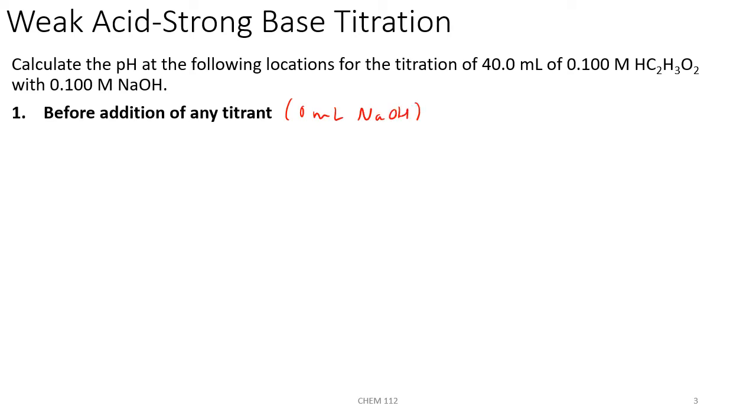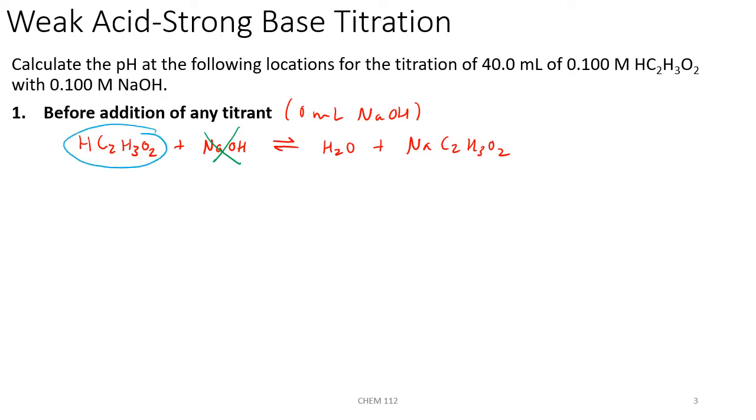Our overall equation throughout the problem is going to be acetic acid reacting with sodium hydroxide to form water and sodium acetate. At this point, we haven't added any sodium hydroxide, so no neutralization reaction has occurred. All we have in our Erlenmeyer flask is our weak acid, our acetic acid.